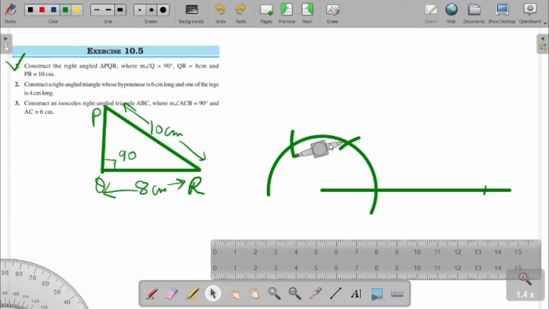This is 60 degree, this is 120. Now we take one more arc here, we bring it here and then we rotate like this and take a cut here. So now we can remove this. After 90 degree, we need 10 centimeter. So we extend this up to 10 centimeter.